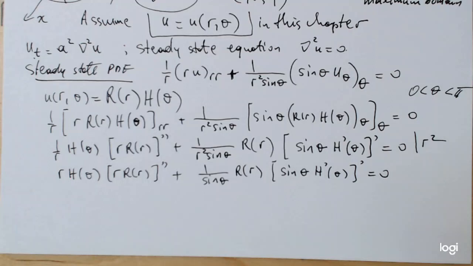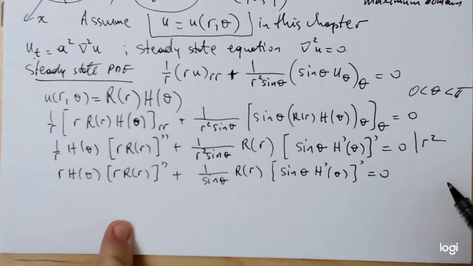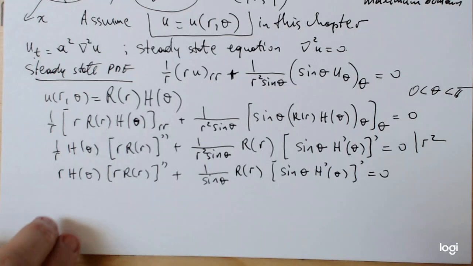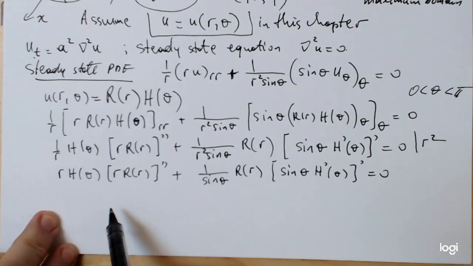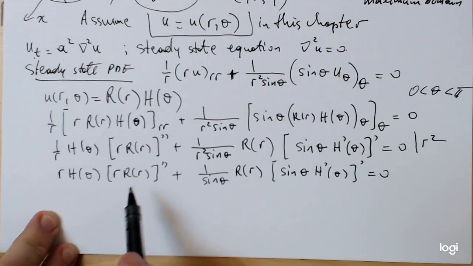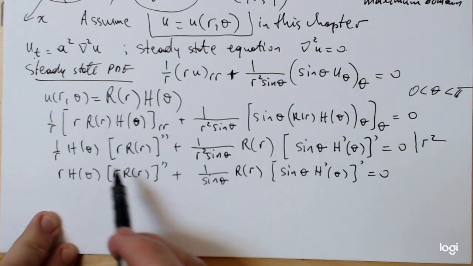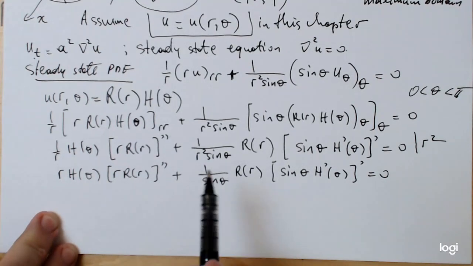Okay, so what's next? Well, separation, right? Let's move this guy to the right and then introduce the separation constant. So I'm gonna have basically, let's see if we could do it in one setting. If not, we're gonna do it on the next page. But yeah, let's do one more step. Let's move this to the right hand side and then separate.